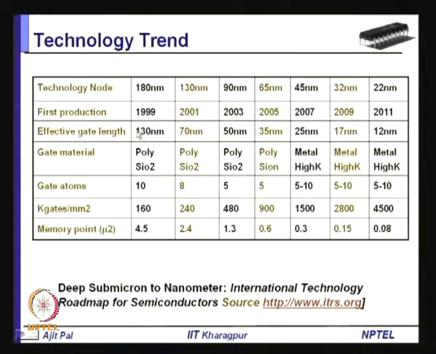Let us not go into the details of this, but what we are observing is that as we go from one technology generation to another, the device size is shrinking, and you are able to put more and more transistors, or more and more gates, per millimeter square.